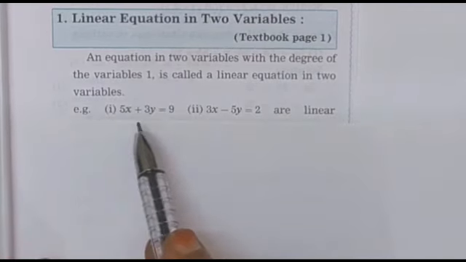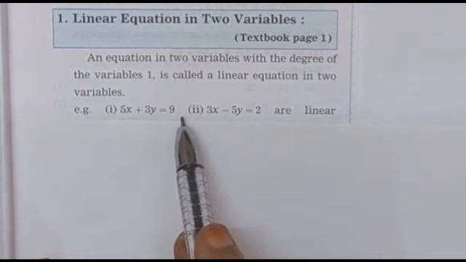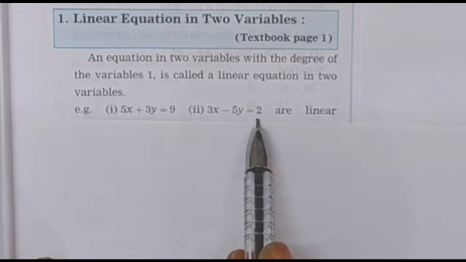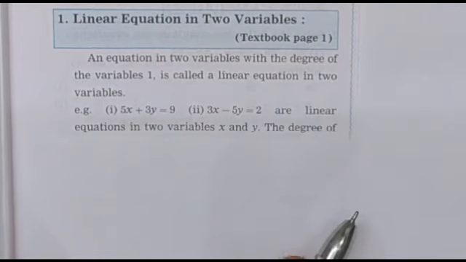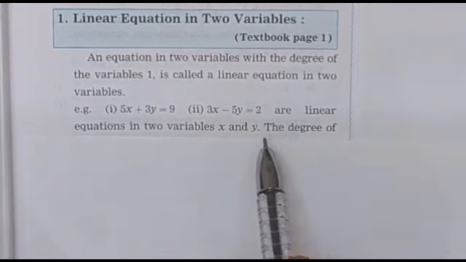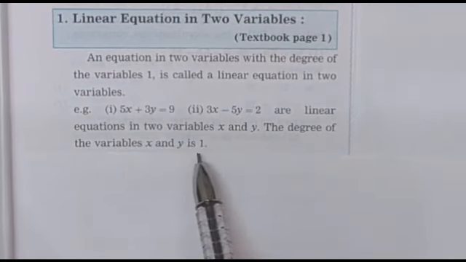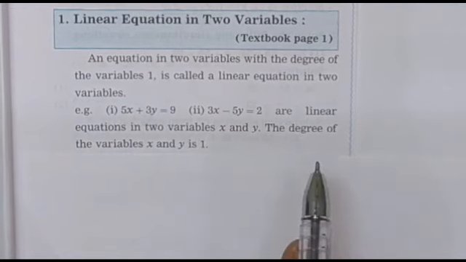For example, 5x plus 3y is equal to 9. The second example is 3x minus 5y is equal to 2. These are linear equations in two variables x and y. The degree of the variables x and y is 1.